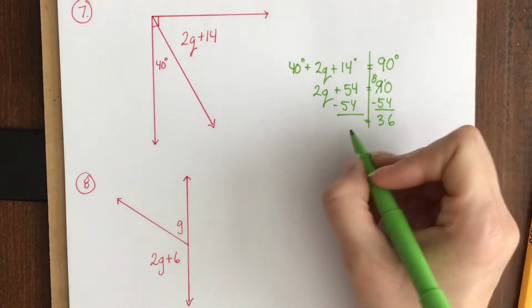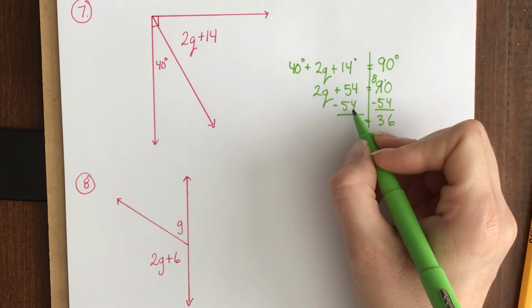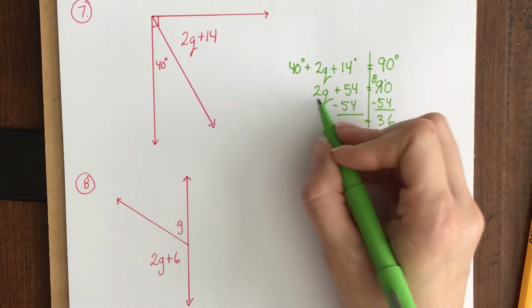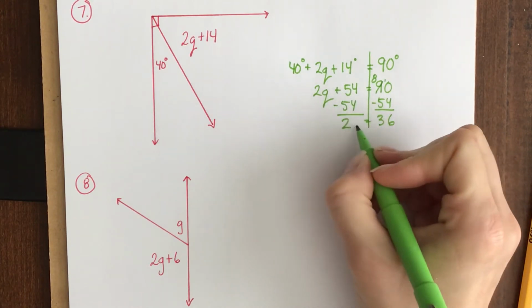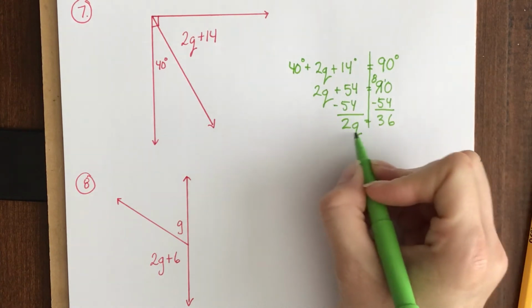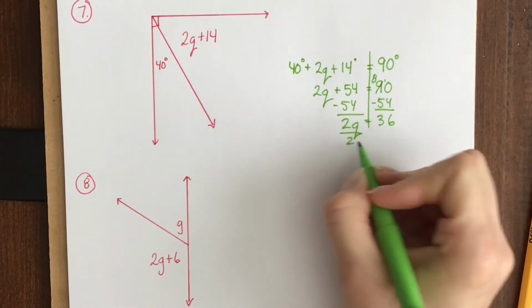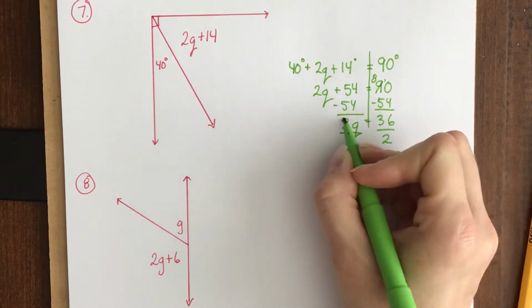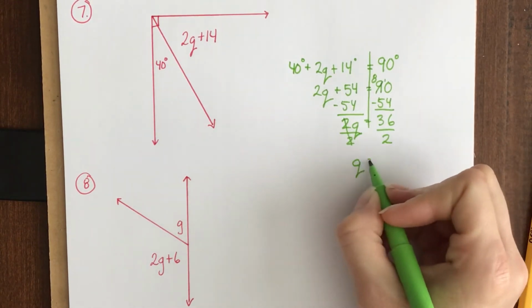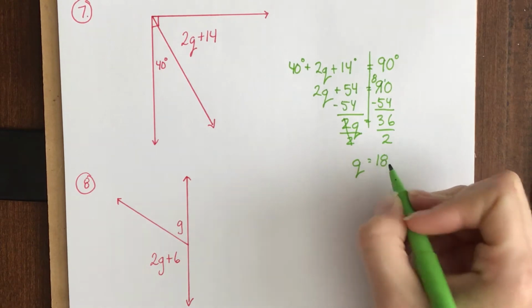So we have 36 over here, and then 54 minus 54 is 0. So we're just left with this part, 2q. Now I'm going to do the opposite of multiplying by 2, and I'm going to divide both sides by 2. And I get that q is equal to 18.